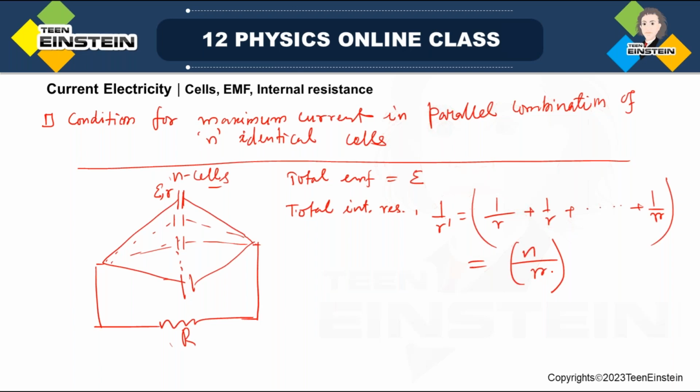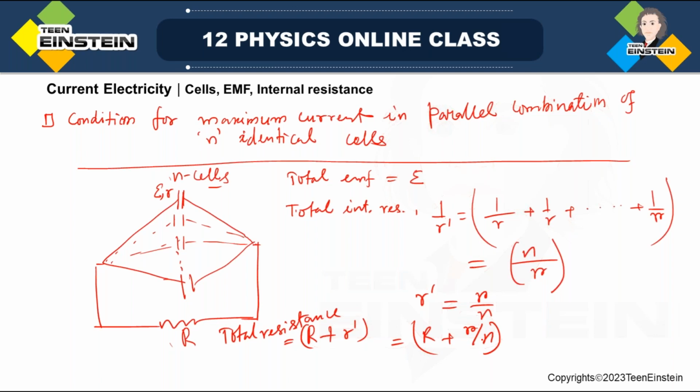So the equivalent internal resistance will be r by n. The total resistance is R plus r prime, that means R plus r by n.